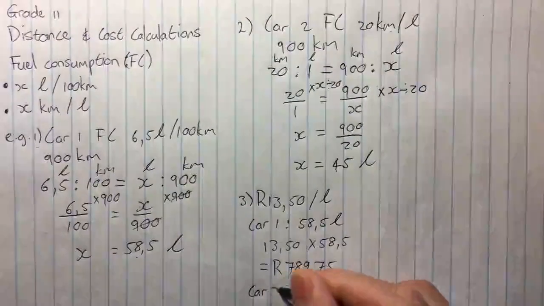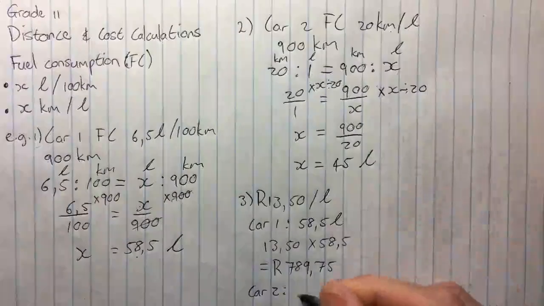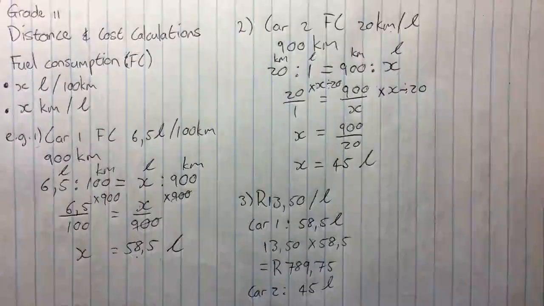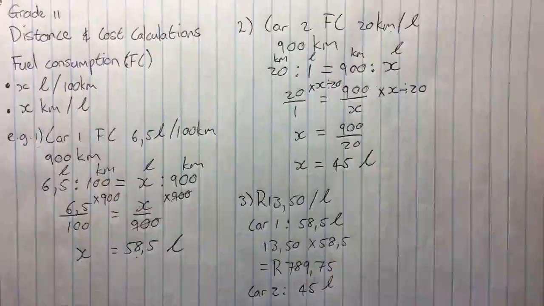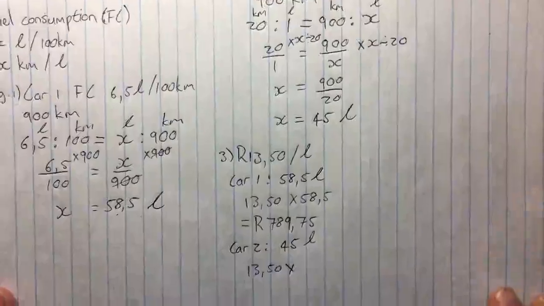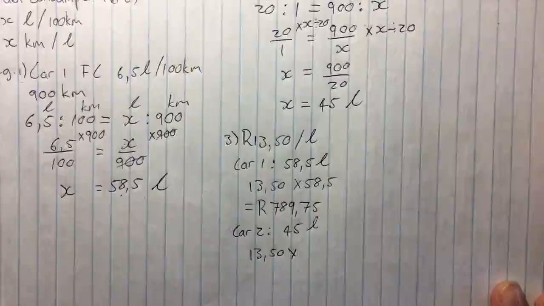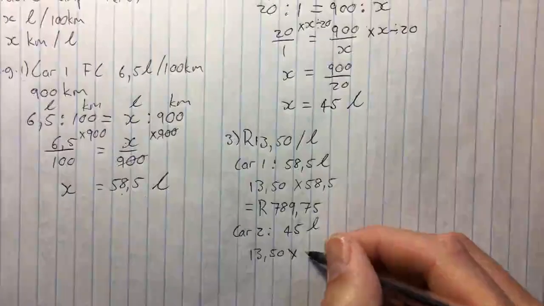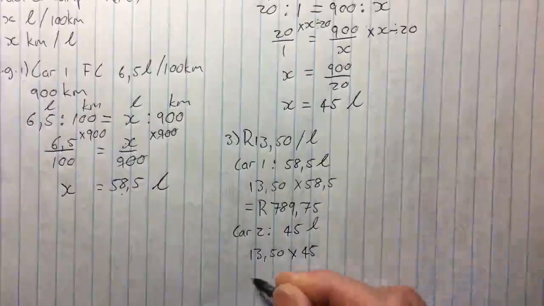For car 2, we do the same thing. Car 2 used only 45 liters. So car 2 has the same 13 Rand 50 per liter. Let's just move up a little bit here. So we have 13 Rand 50 times 45 liters this time.